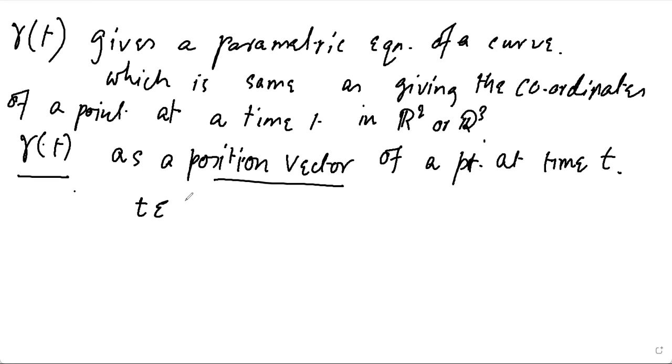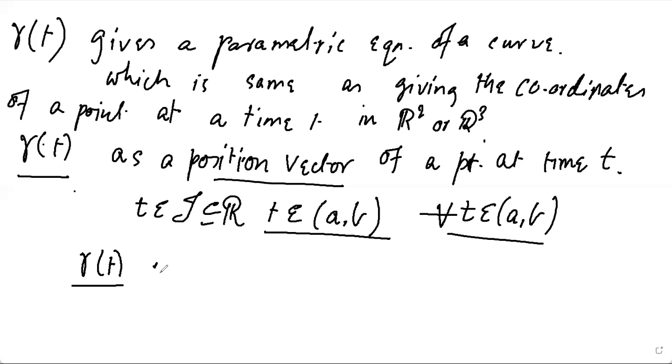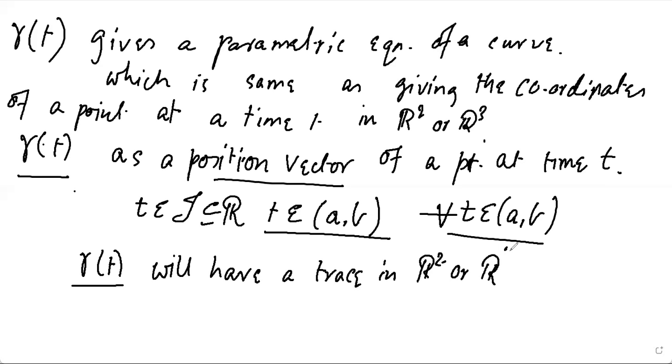More formally, this t belongs to an interval which is a subset of R. Now, for the values of t, say t belongs to open AB, the position vectors for all t in AB will give us a curve, or more formally, this curve will have a trace in R2 or R3.